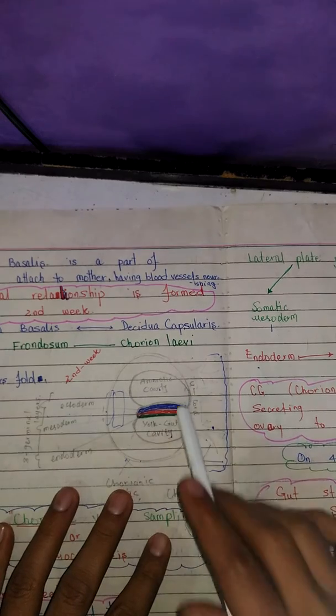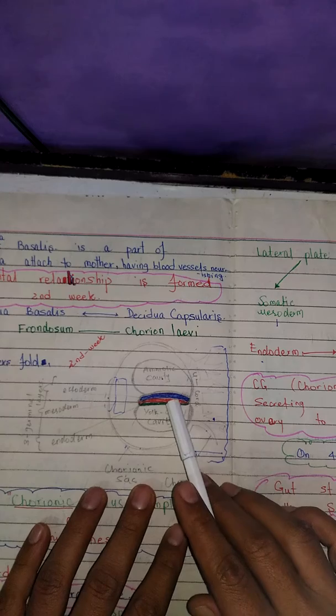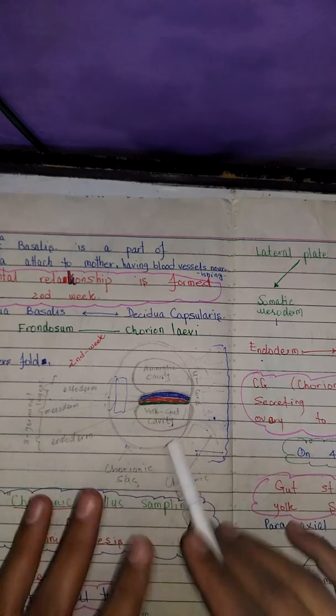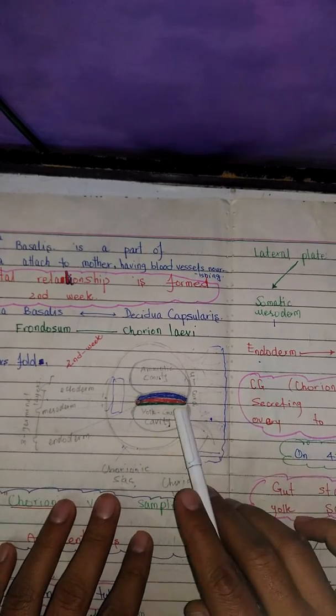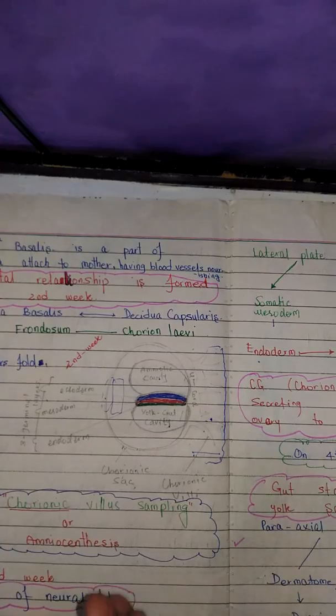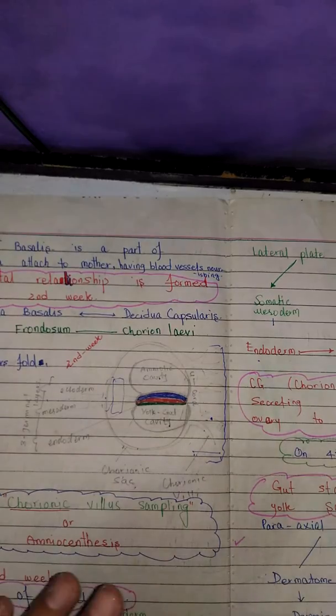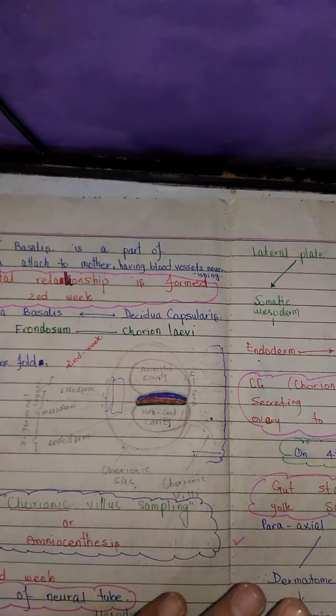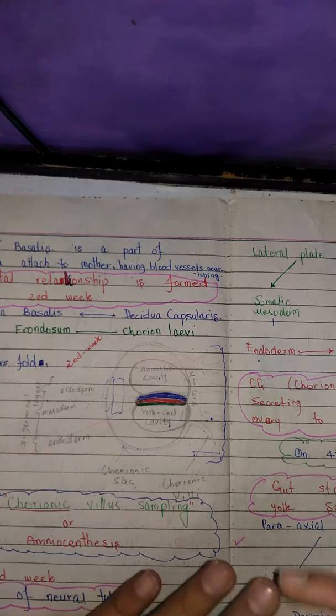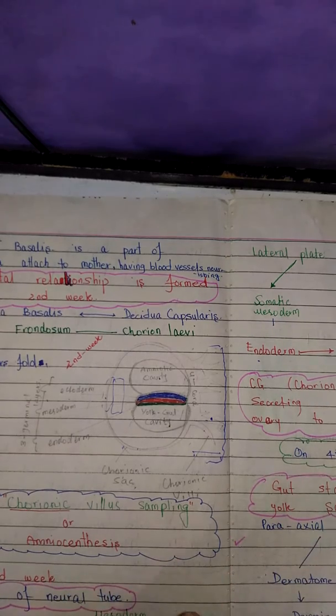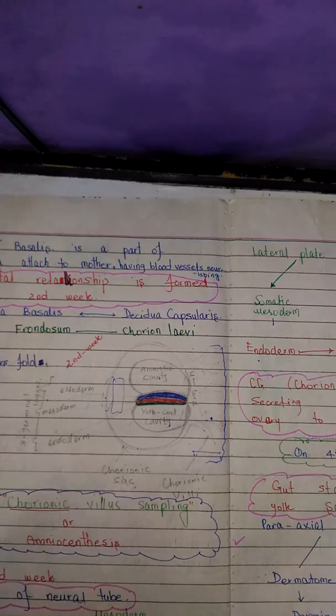Here in this diagram I drew myself, there is blue, red, and green. These layers indicate an embryo. In the second week, the embryo makes 3 layers, just like 3 papers placed on each other. The upper or outer layer is called ectoderm.